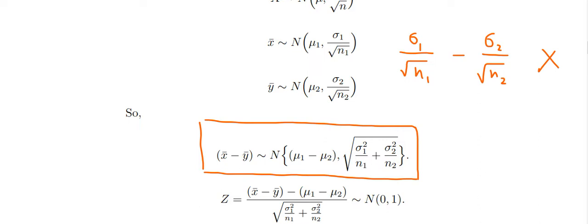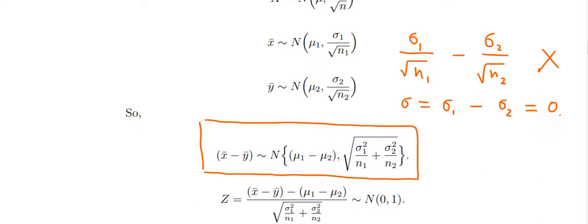For example, if we have variability sigma 1 and variability sigma 2, and they are equal, then we get this. Suppose this equals 0, then this means no variability.